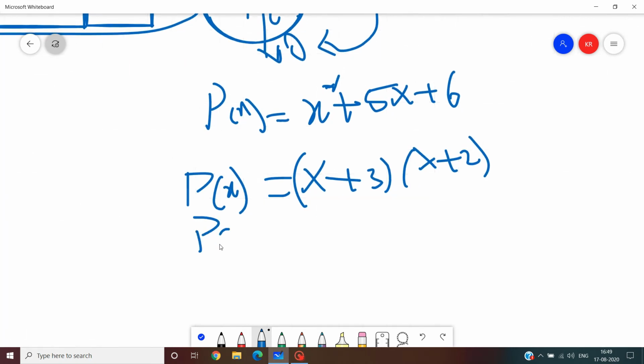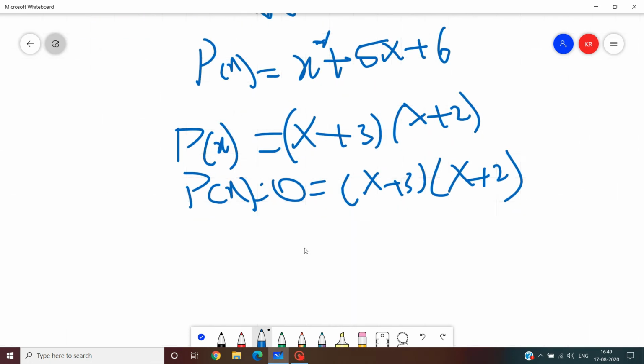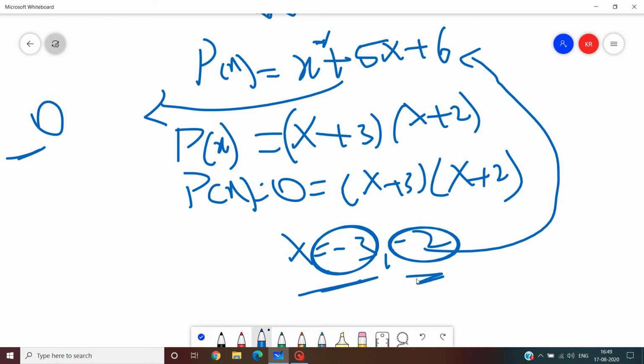So if I make p of x equal to 0, that will be x plus 3 into x plus 2, right? So then x is equal to minus 3 and minus 2. When we place the values of minus 3 and minus 2 in the polynomial equation, the final result will be 0, right? So these terms are called zeros of the polynomial or zeros of the quadratic equation.